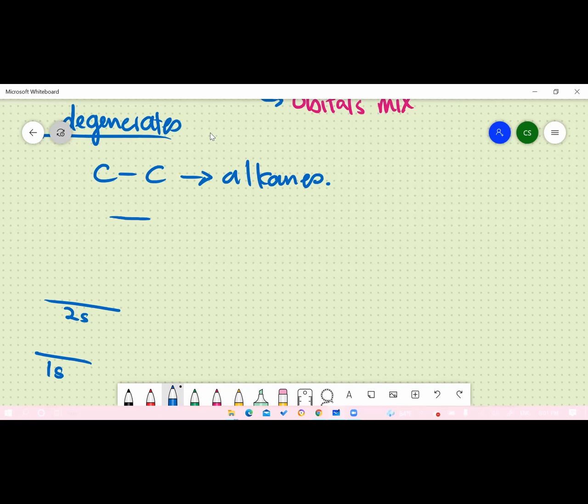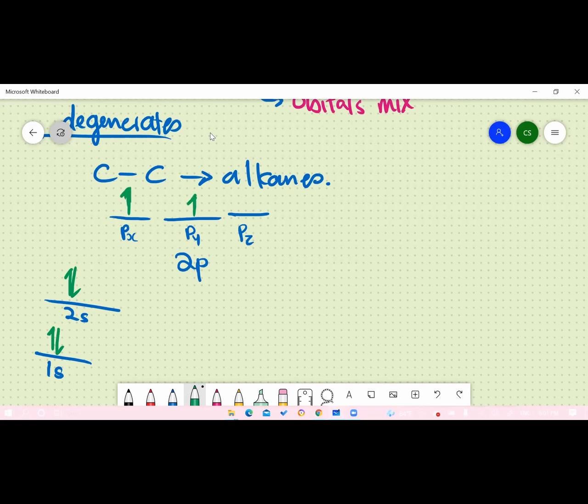Then above that, you'd have your 2p orbitals, which would be your px, your py, and your pz, right? Clear so far? And you have the electrons sitting like that.